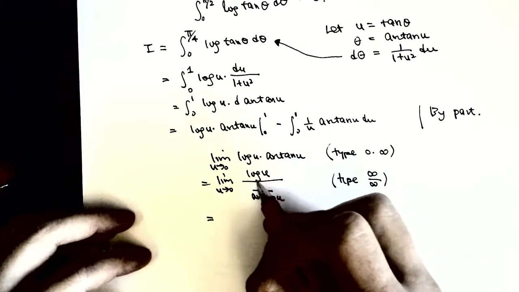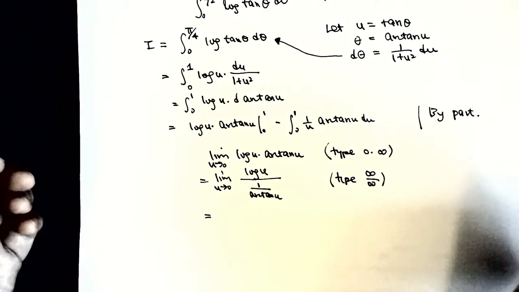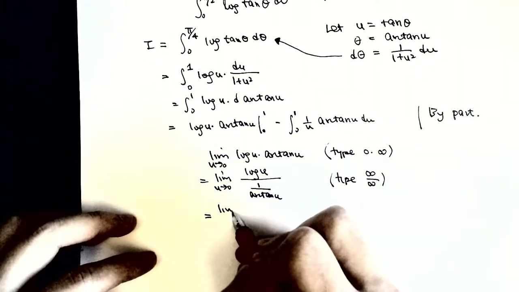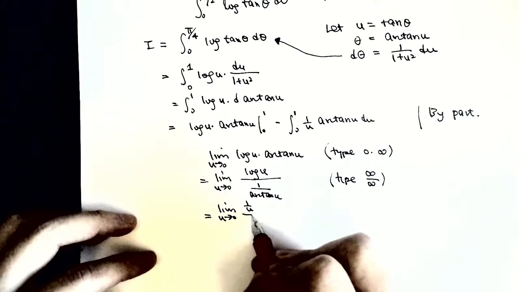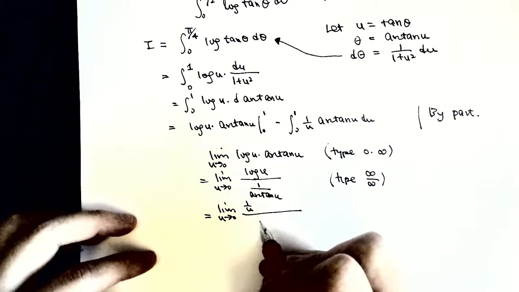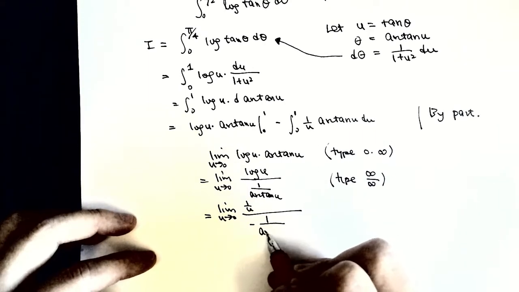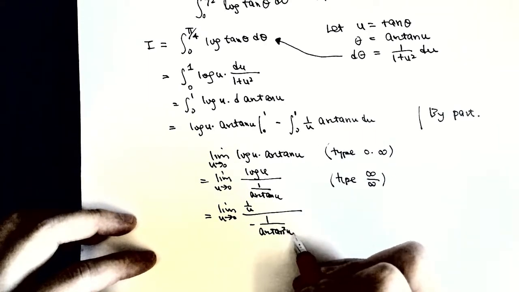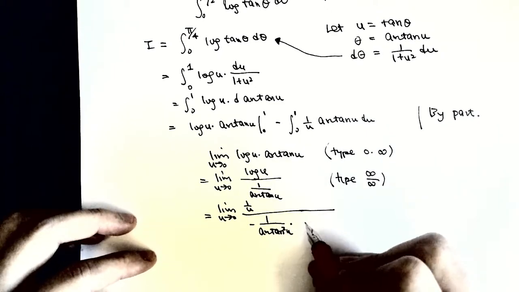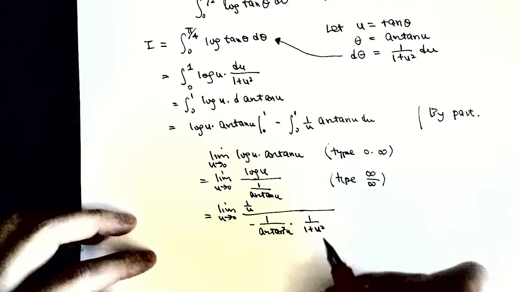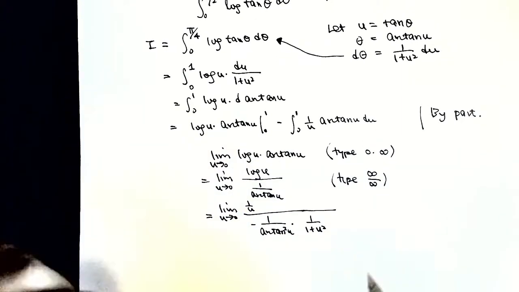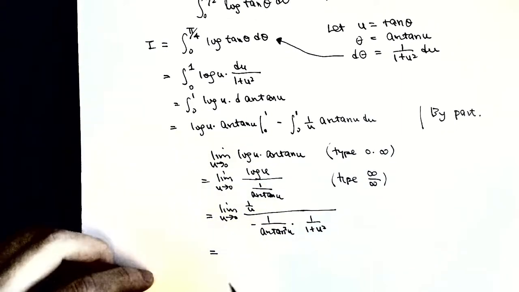So the upper part and the lower part, we differentiate separately. Log u becomes 1 over u, and 1 over arctangent u becomes minus 1 over arctangent squared u, and then by the chain rule, times 1 plus u squared. We clean up these expressions.